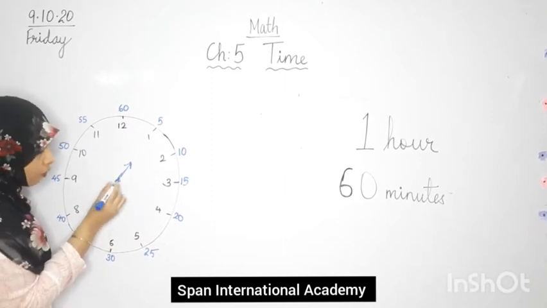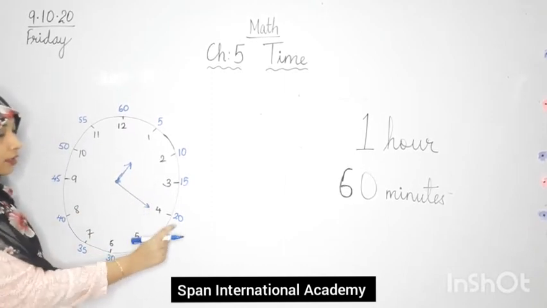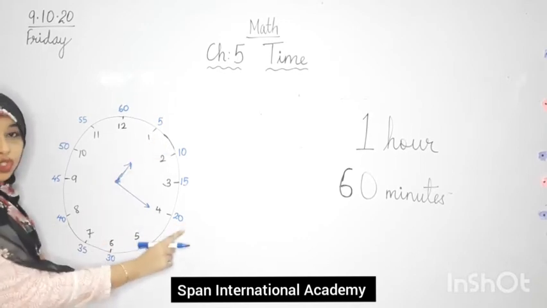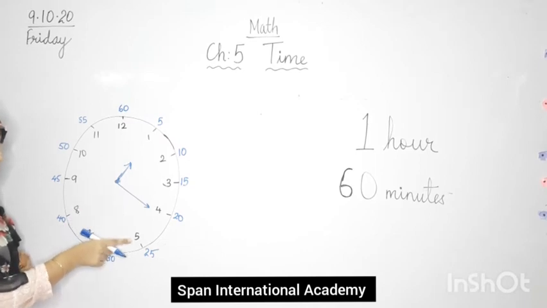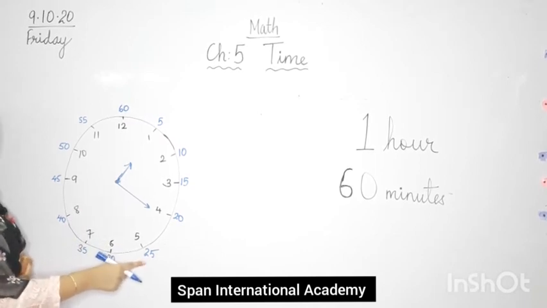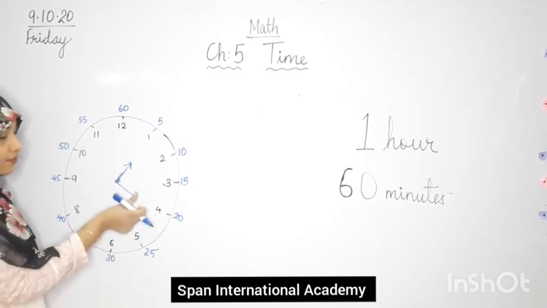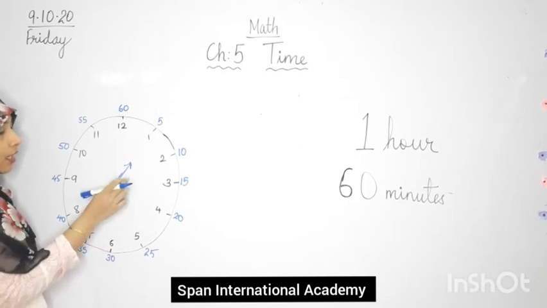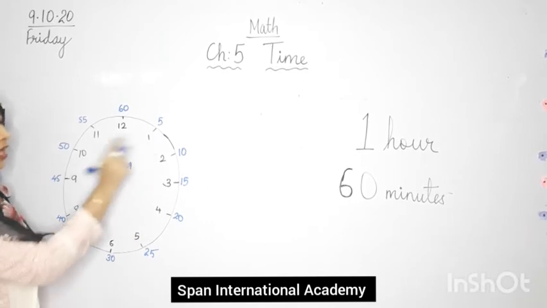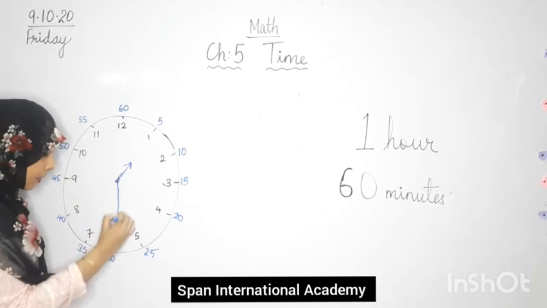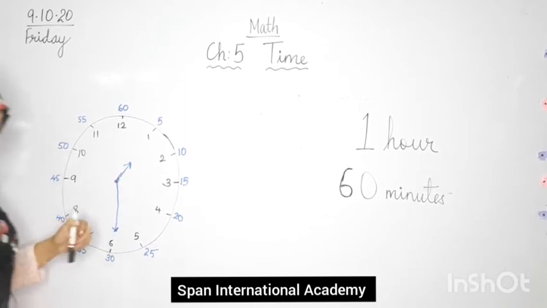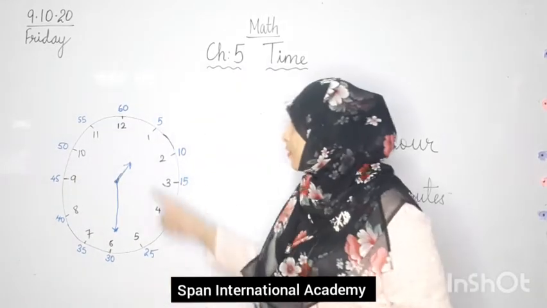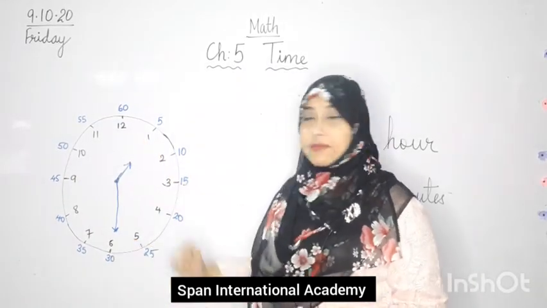Moving to number 4, 1 hour 20 minutes. Similarly, when the minute hand moves to 5, we will read it as 1 hour 25 minutes. Now, when the hour hand is on 1 and the minute hand is on 6, what is the time? 1 hour 30 minutes.